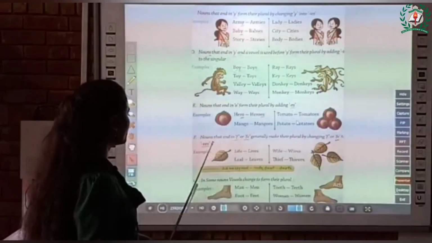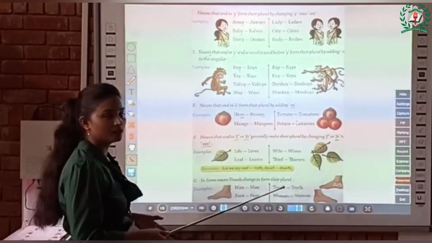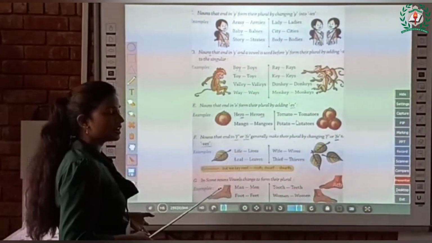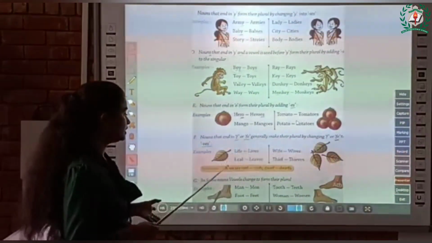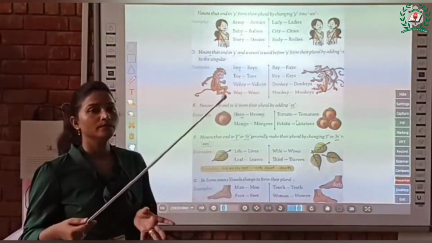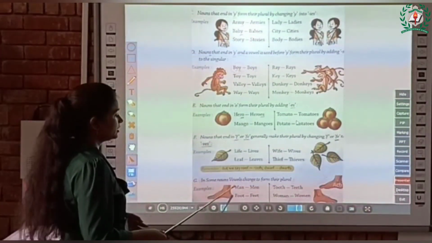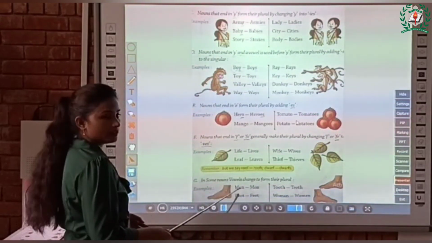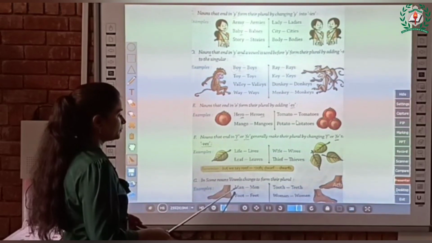Now come to rule number 7. In some nouns, vowels change to form their plural. So, these are some singular naming words in which you have to change the vowels to form their plural. Now look at the first example. Man. In this word, can you find the vowel A?